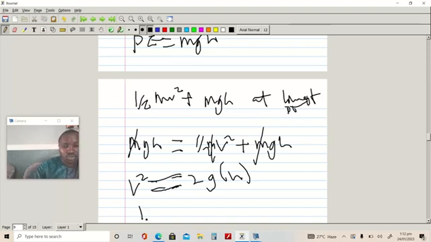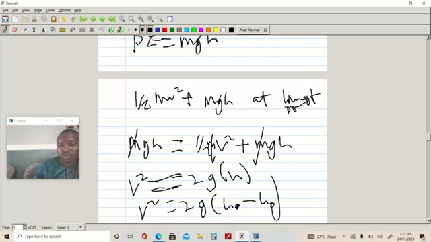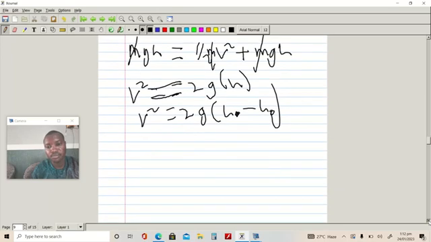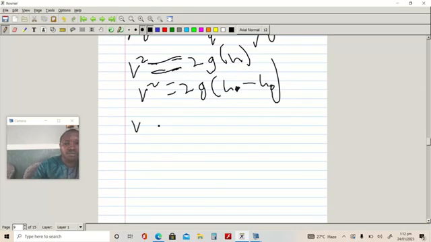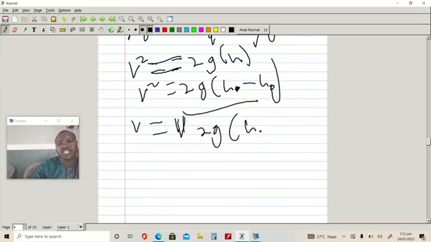So v squared is going to be 2g into brackets h0 minus h1, or h1 minus h0, as the case may be, depending on what you are using. So v is equal to the square root of 2g into brackets h1 minus h0, or h0 minus h1, depending on the one you are using.